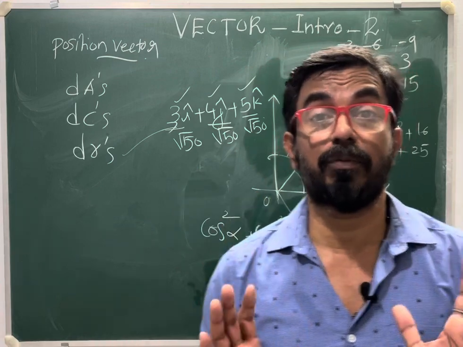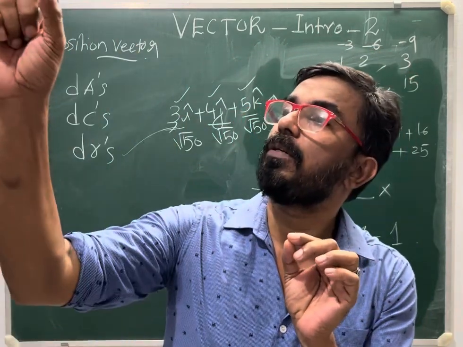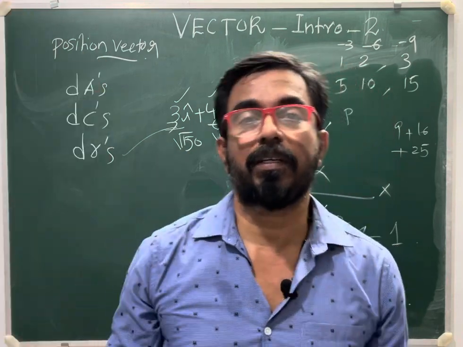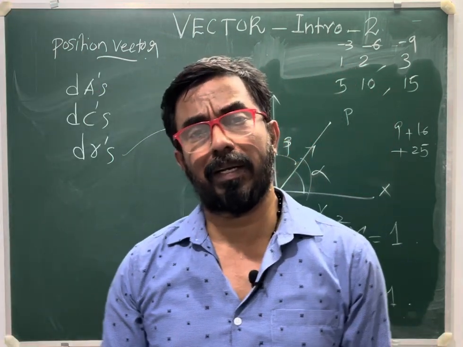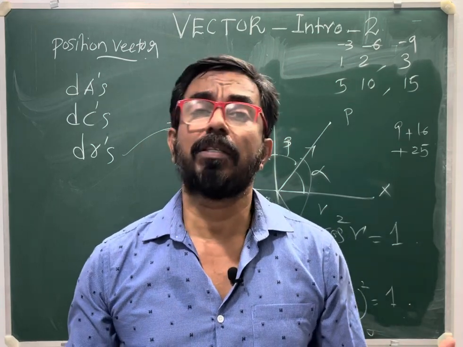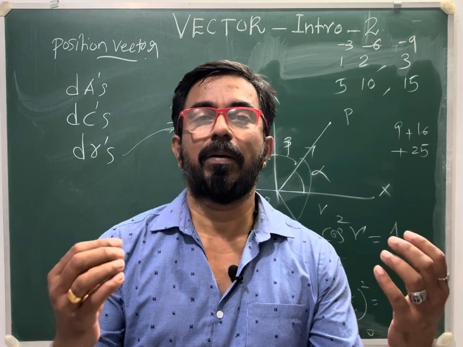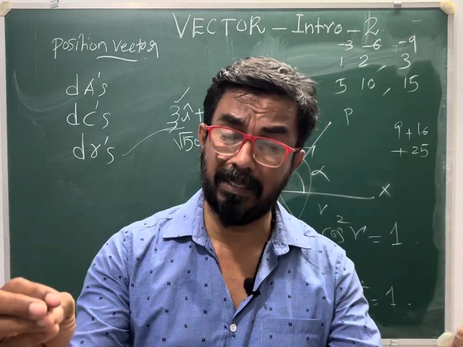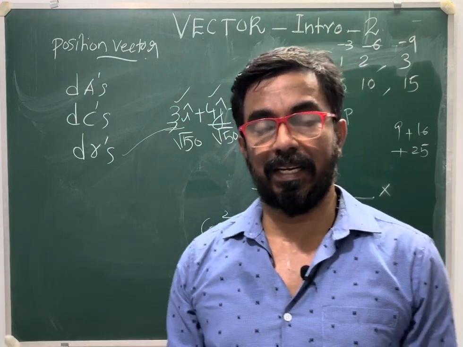So I will conclude once again. We understood in this video what is a position vector. It is nothing but the vector drawn from the origin to that point, and it is called a position vector. It also has a length and a direction. Then we understood what is component form. Component form means the vector of a point or a line segment represented with the help of i, j, k.